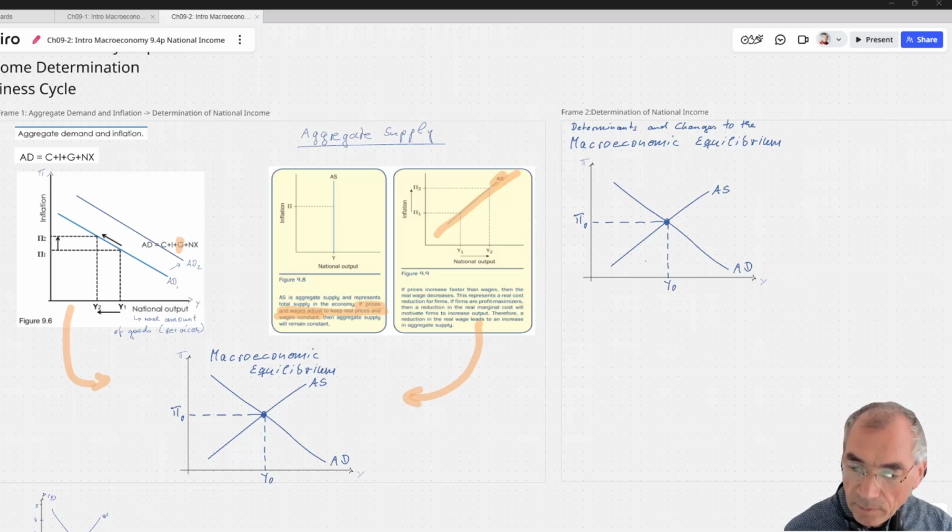Moving this diagram up here, and at the same time recalling that the parts, the aggregate demand, we discussed this, but also the aggregate supply, we might imagine, can change. We said there can be the change from one to the other, and also the aggregate supply curve might change in the one or the other direction.